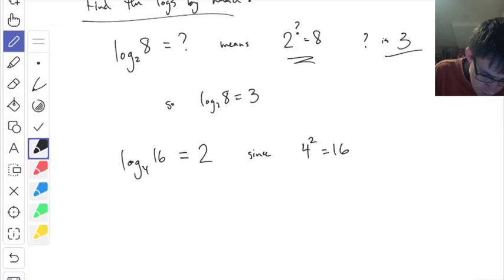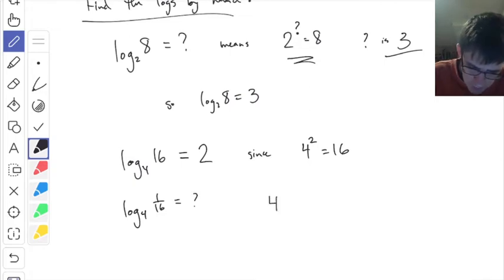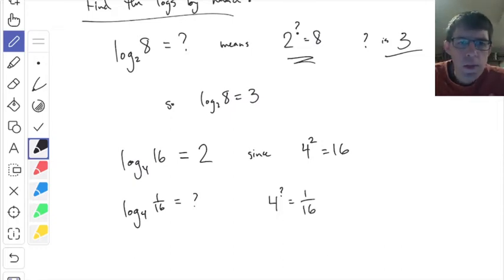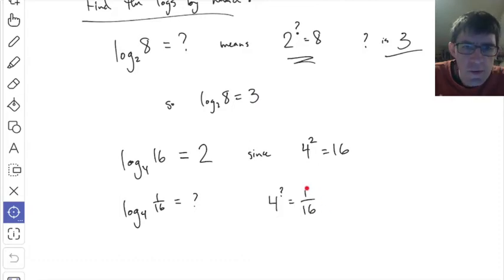How about this? Here's a little tricky one. Log base 4 of 1 over 16. This one, you need to be thinking about 4 to what power is 1 over 16. Any masters of exponents out there? You have to imagine how you could possibly get this kind of fraction. Negative 2, yeah.